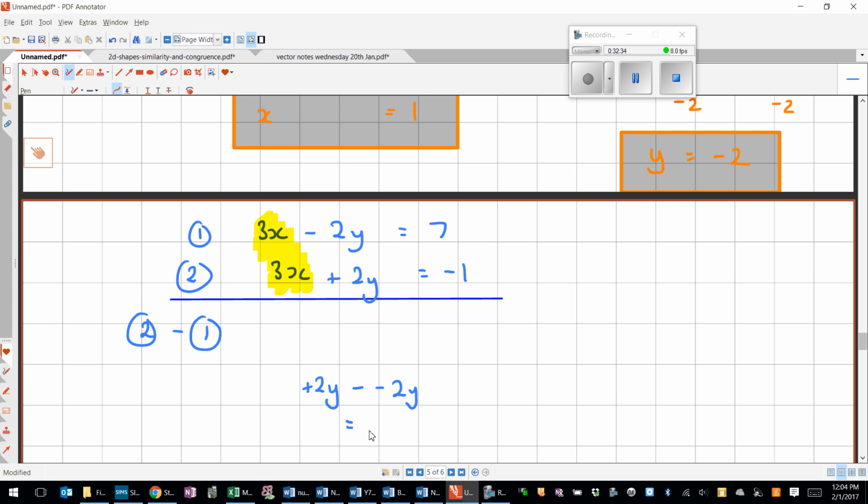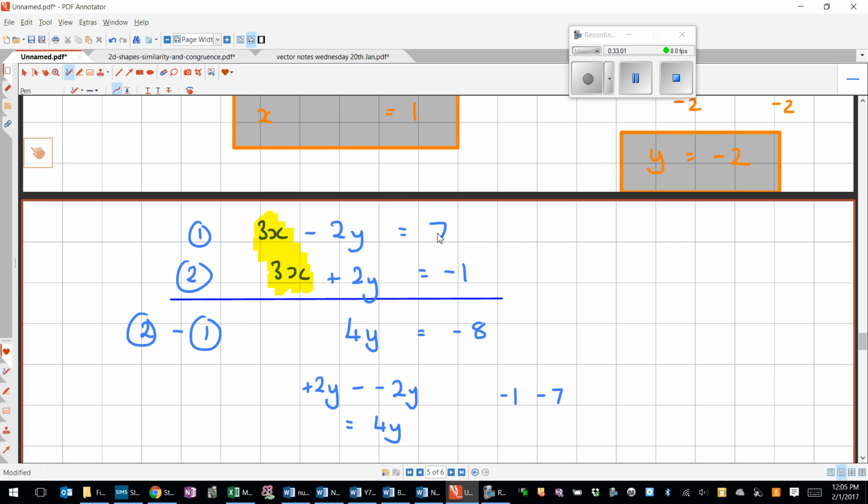So we've actually got 4y there. And then we've got minus 1, negative 1, subtract 7, minus 8. So that's why it's important that you keep in your mind which way you're doing it, which is why I write it. 2 subtract 1, minus 1 subtract 7.